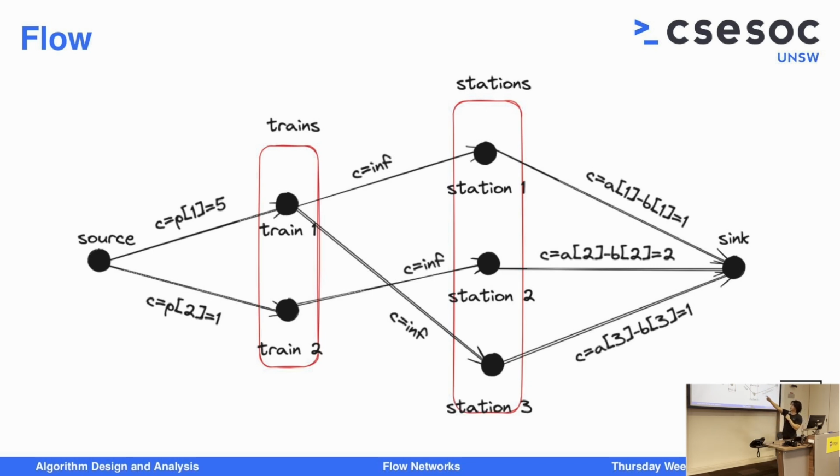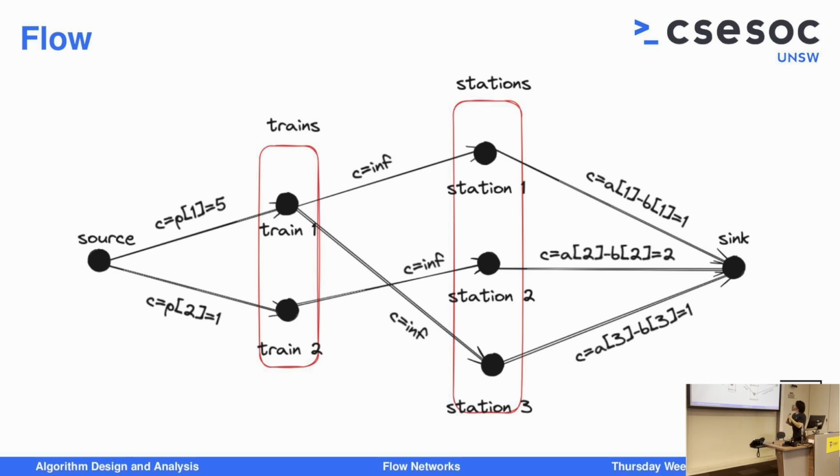We connect the source to the trains, and then the trains to the stations, which are either directly in front of it or directly behind it. Train 1 is connected to station 1 and station 3 with infinite capacity. And our source we connected to our trains corresponding to the amount of people they have, 5 or more.